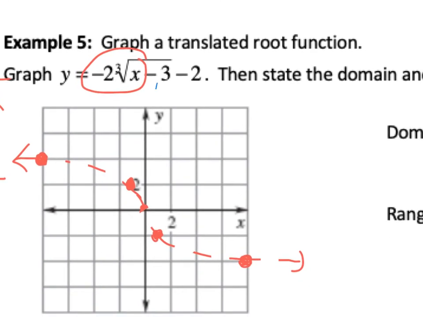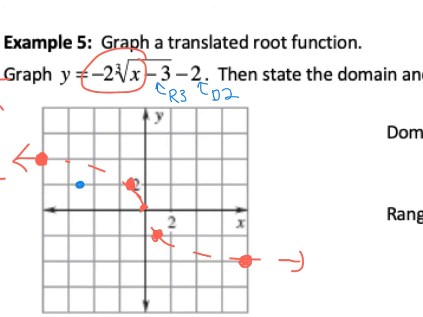Because that's a -3, I know this graph is going to move to the right 3 units and then down 2 units. So I have to take all these points and move them to the right 3 and then down 2. Remember, moving to the right 3 is a tick mark and a half because we scale by 2. If I go to the right 3 and down a whole tick mark, I'm right there.